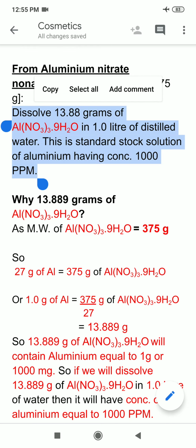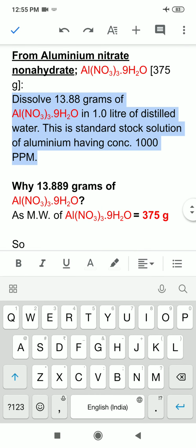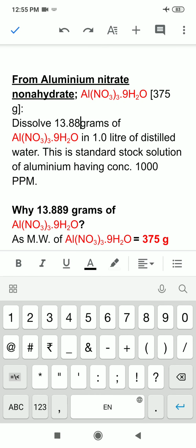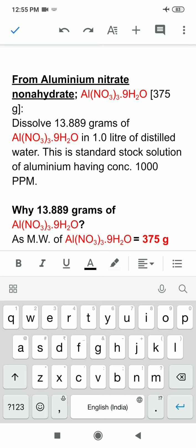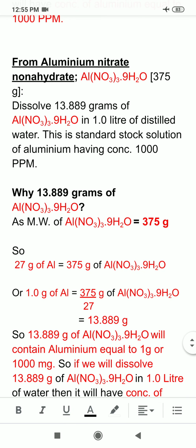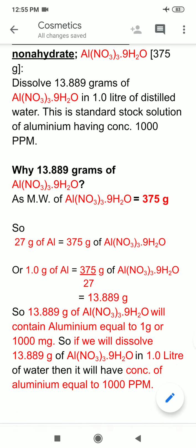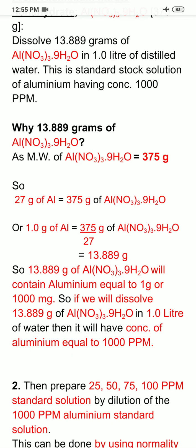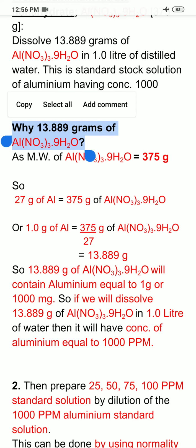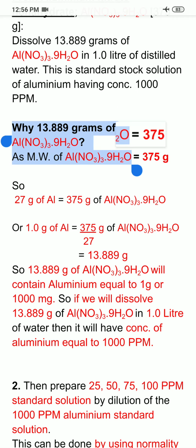And why 13.889 grams? Because you can calculate this in a similar way as we did in the case of aluminium nitrate. But to make it more clear why we are using 13.889 grams of aluminium nitrate nonahydrate for preparing the 1000 ppm solution, I can write that the molecular weight of aluminium nitrate nonahydrate is equal to 375 grams.